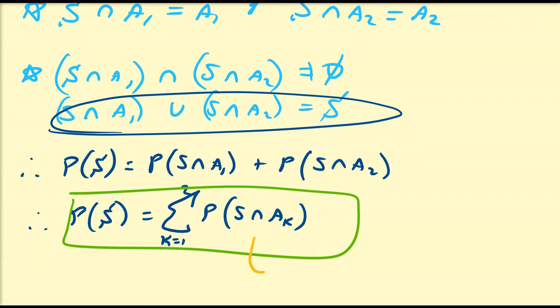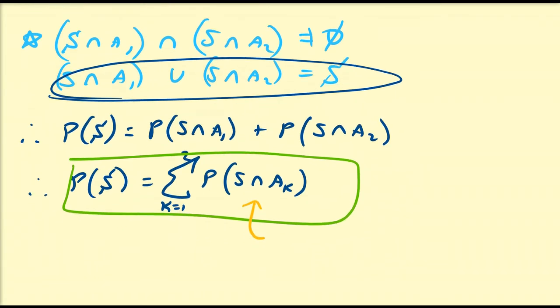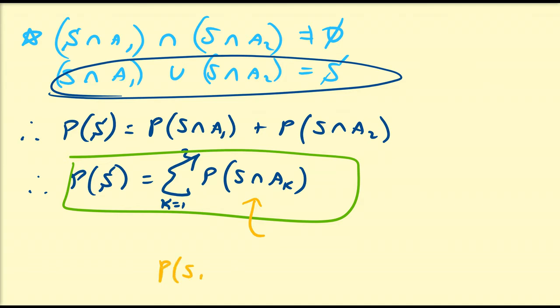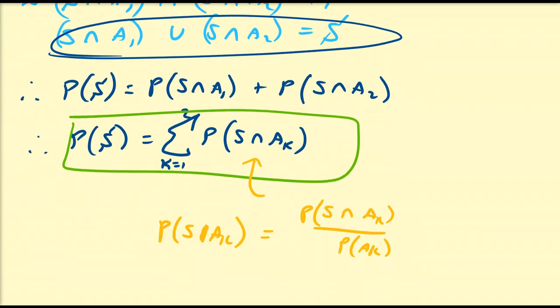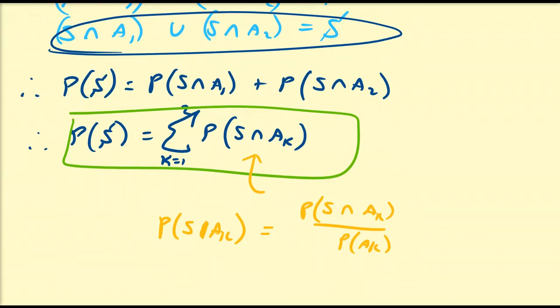Alright, now I'm going to look at this little piece here. Remember that the probability of S, assuming that AK has already occurred, is equal to the probability of S intersection AK divided by the probability of AK. This is the conditional definition for probability. I'm going to solve this equation for the numerator of that fraction.